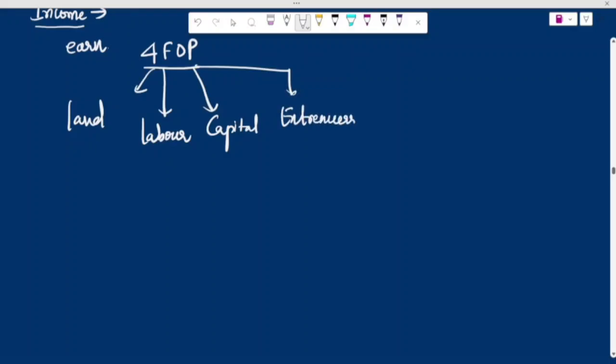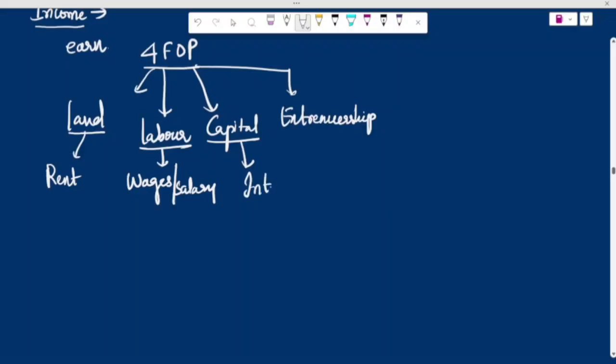For land, what income will you be earning? Rent. For labor, wages or salary will be your income. For capital, interest. Capital is not money. Capital is something which gives you guaranteed returns in future. For entrepreneurship, you'll be getting profit or loss.